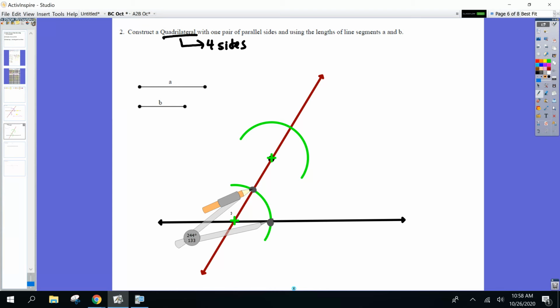And please remember, we're going up to where the arc intersected the ray. We are not going back to the endpoint. We are going back to where the arc intersected the ray. And again, you want to make sure both angles are on the same side. Keep in your mind, corresponding. I'm making corresponding angles here. So make sure they're on the same side of the transversal and make them intersect.